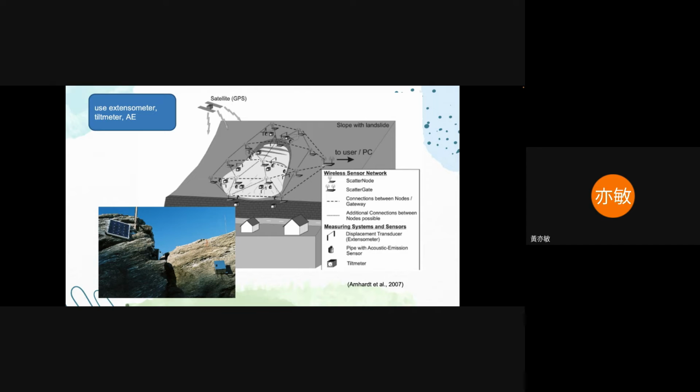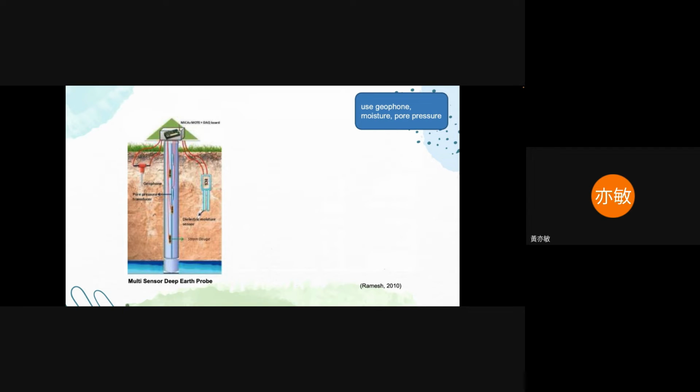He also used a GPS receiver on the ground surface to identify the location of each control point. Whenever something happens and the ground surface deforms, it will trigger the signal, and then we will obtain the information from the site about the difference. So this is another example of landslide monitoring.